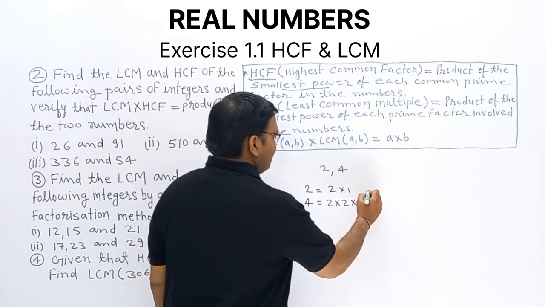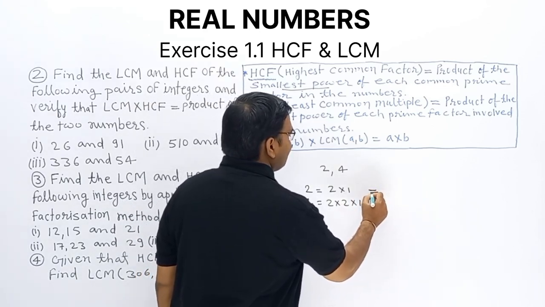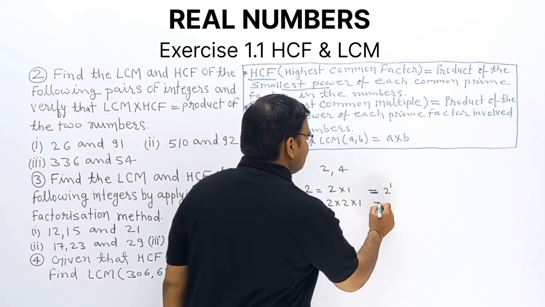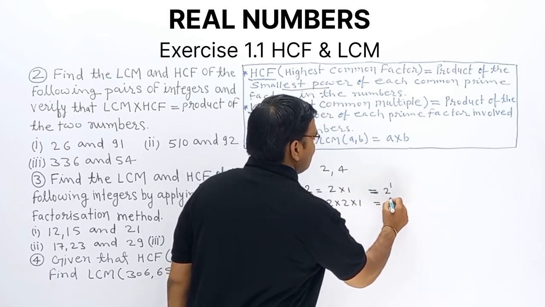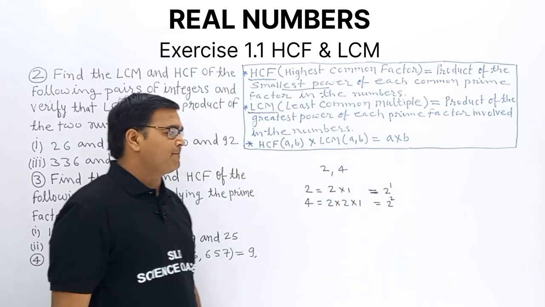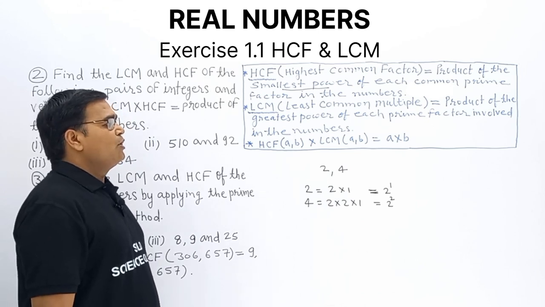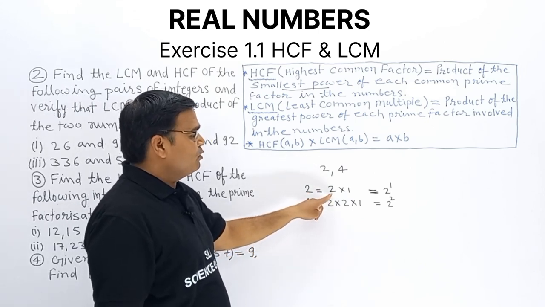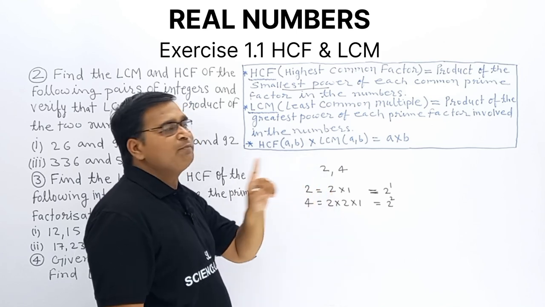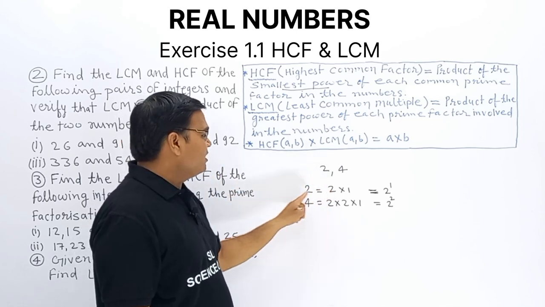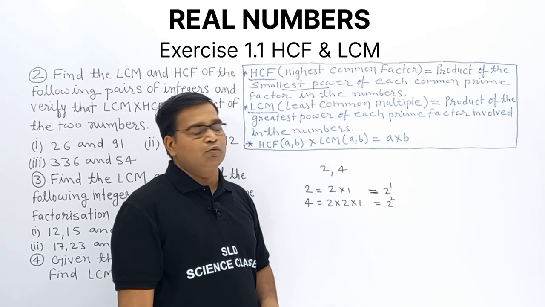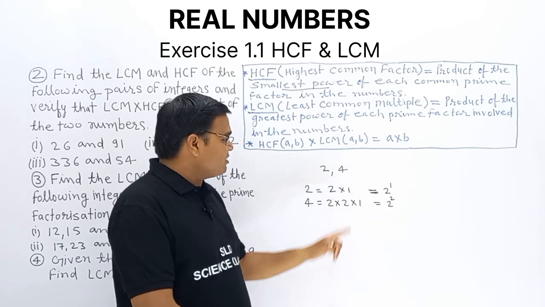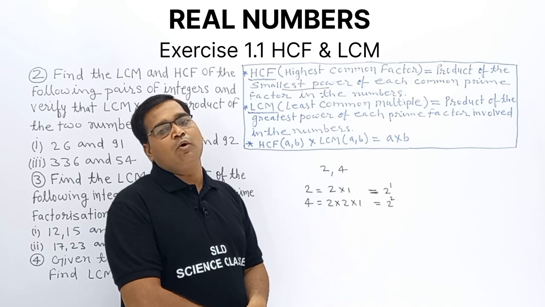In power terms, I can write 2 power 1, and this can be written as 2 power 2. In these examples, I am using only one prime factor, 2, in this number and in this number also. One is neither prime nor composite.